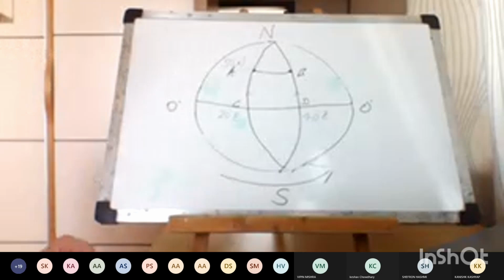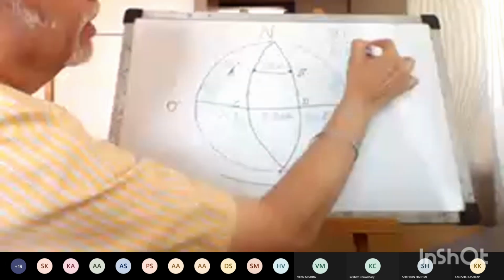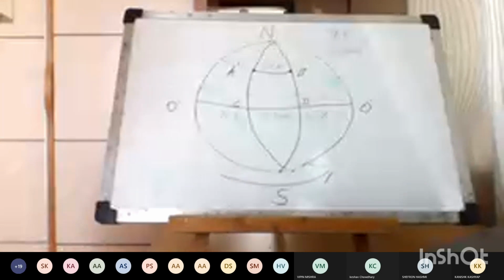This east-west distance is called departure, DEP. And this distance over here at the equator is called the D long. And the relationship that is developed is departure upon D long is equal to, what is it?